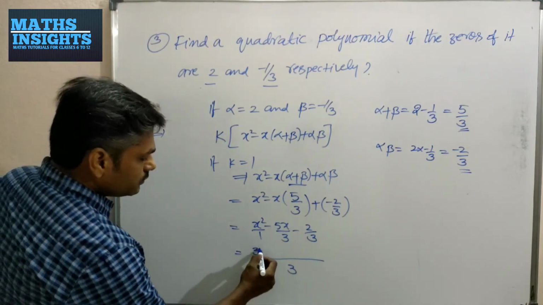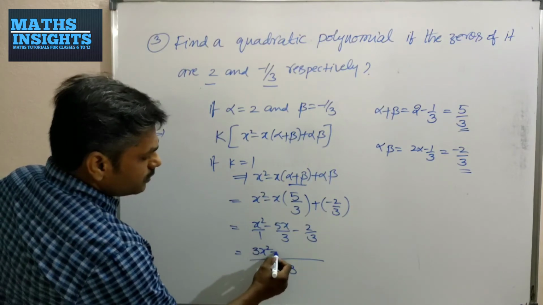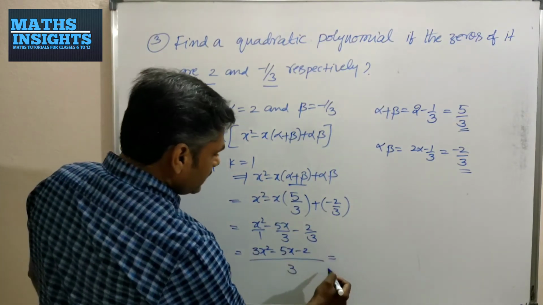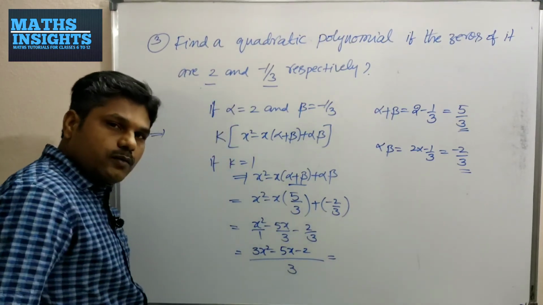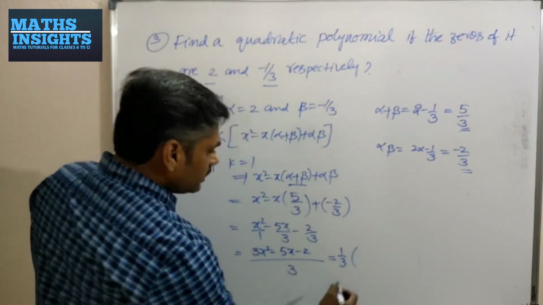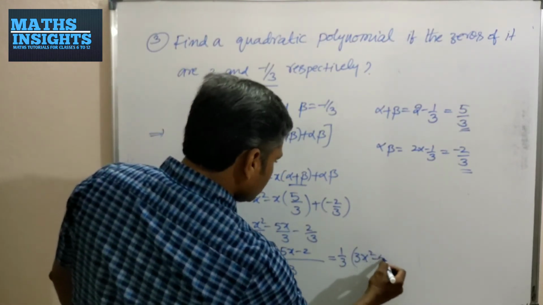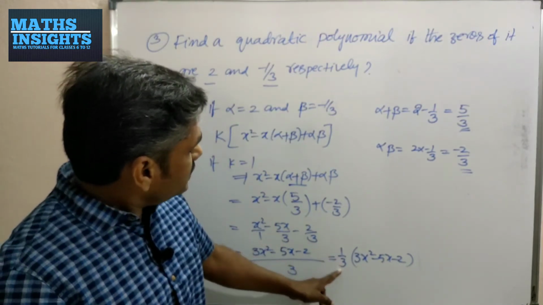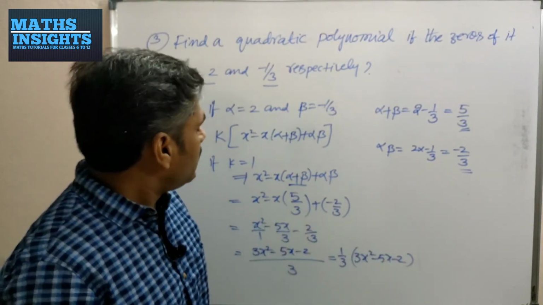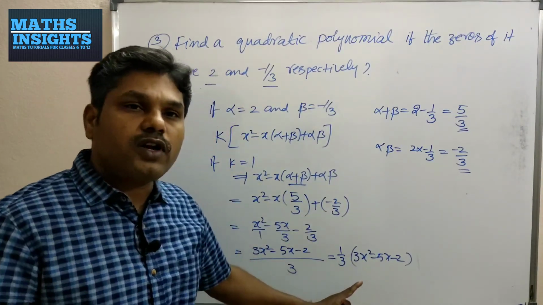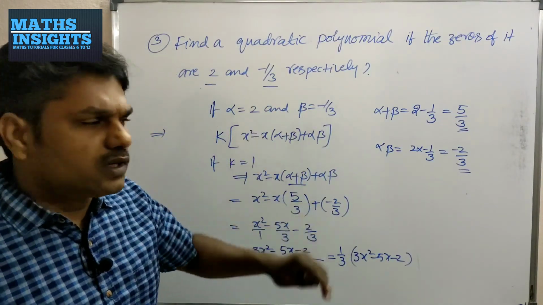Therefore, this will become 3x square minus 5x minus 2. This is the quadratic polynomial. You may take 1 by 3 as common, then 3x square minus 5x minus 2. You may multiply with this constant throughout the polynomial also. In this way, you may calculate a quadratic polynomial if zeros are given.